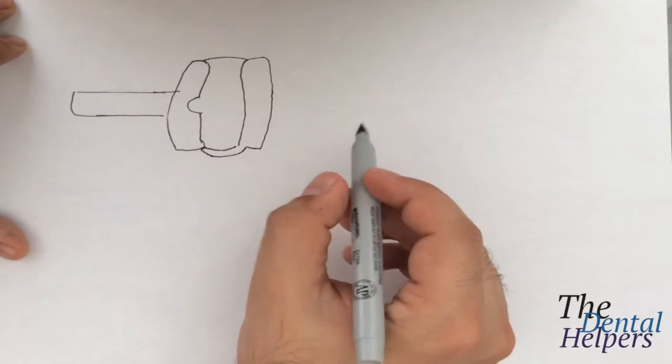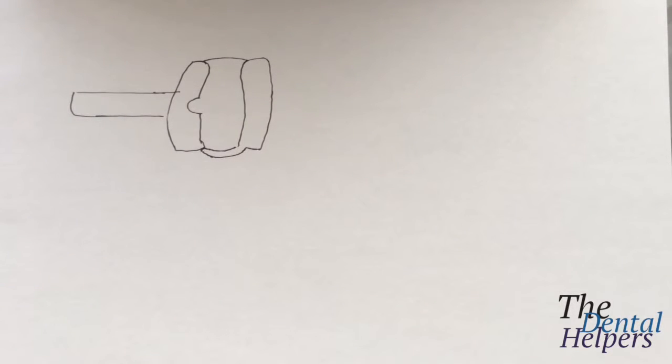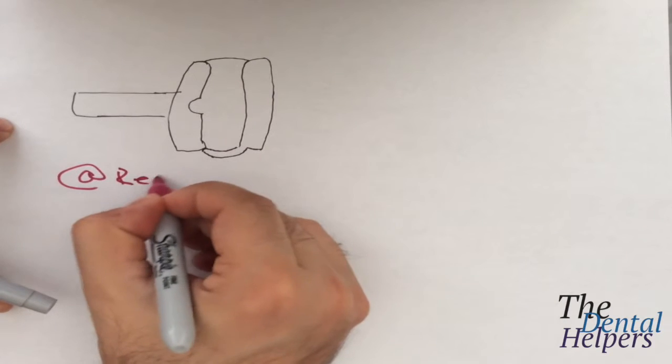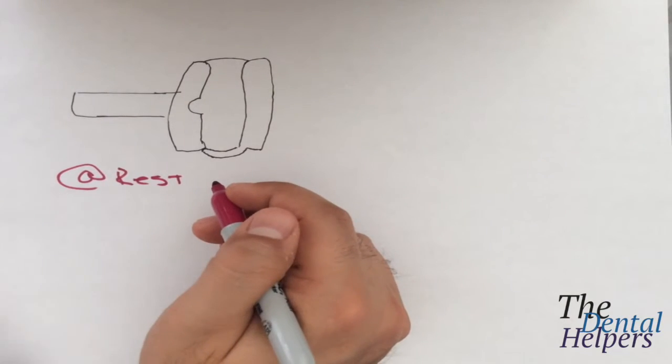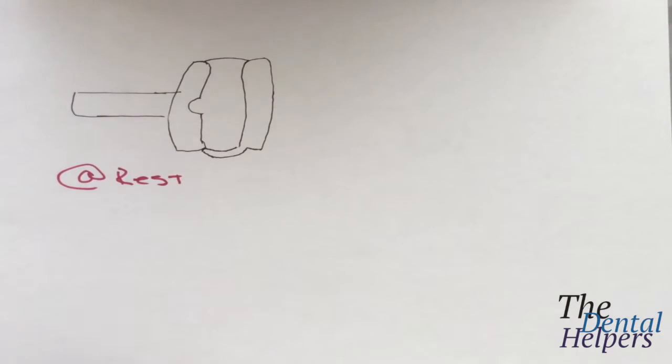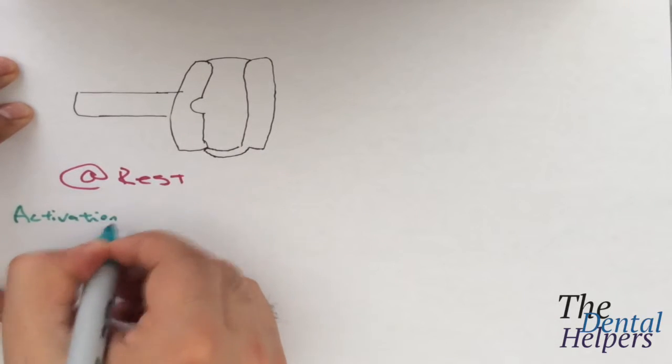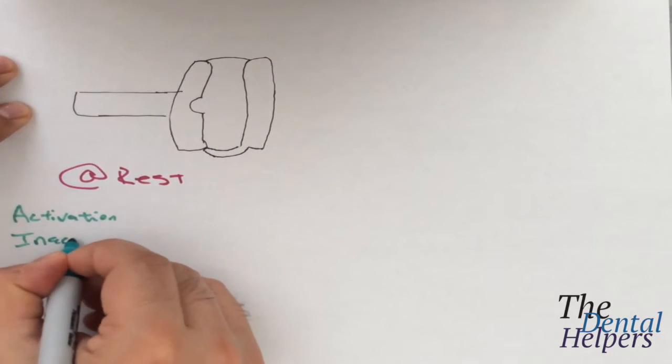So the inactivation gate, if we're looking at resting, what we're going to see is, and I'm going to write this sort of as a table, we're going to have the activation gate and inactivation gate.